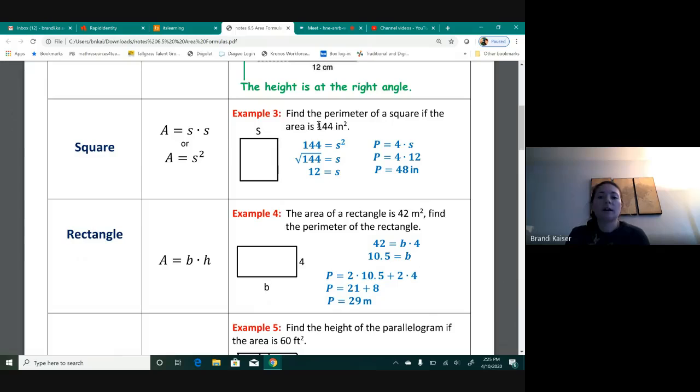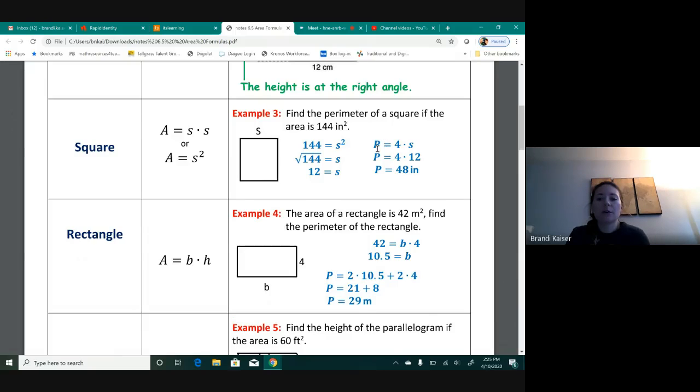Using these little formulas over here, if A, the area, is 144, and that's supposed to be side squared, in order to find each individual side, you would have to take the square root. So the square root of 144 is 12. That means every side of this square is 12 units, or 12 inches.